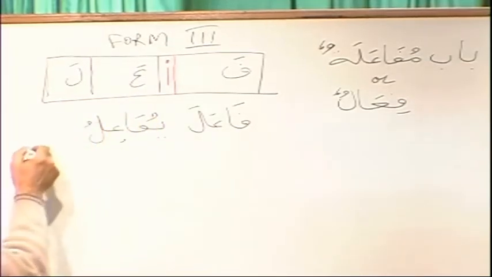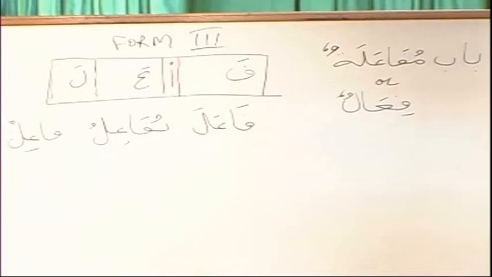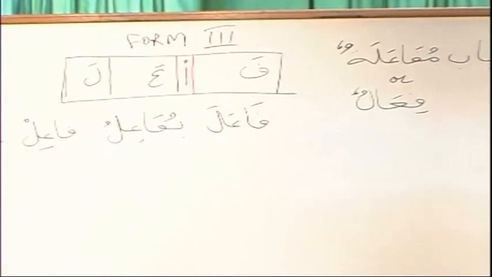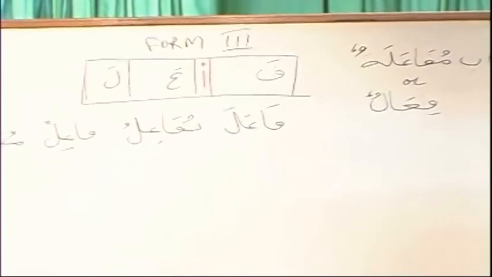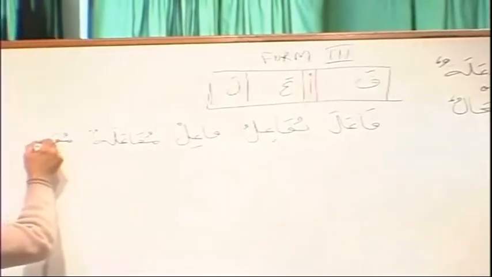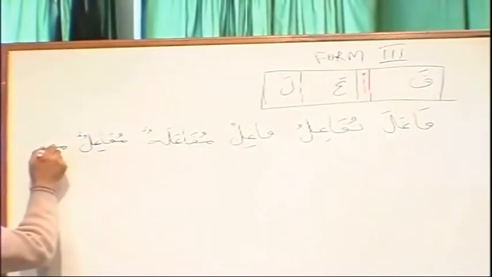What will be the amr? Fa'il. What will be the masdar? Mufa'alatun. What will be the mufa'ilu? And what will be the mufa'alun?